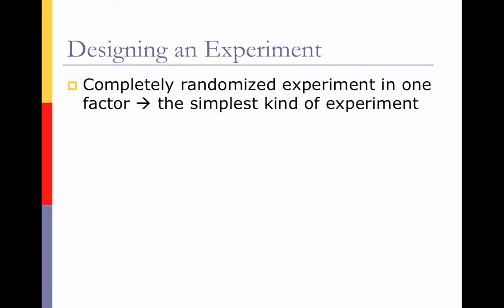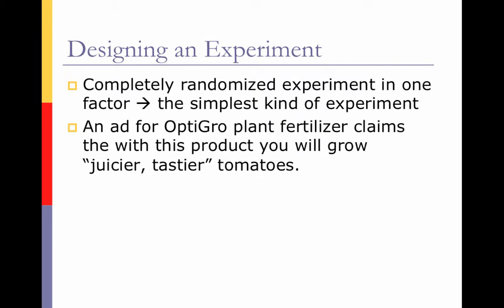Designing an experiment. Completely randomized experiments in one factor are the simplest kind of experiment. For example, an ad for Optigrow plant fertilizer claims that with this product, you will grow juicier, tastier tomatoes. You decide that you're going to test this claim.